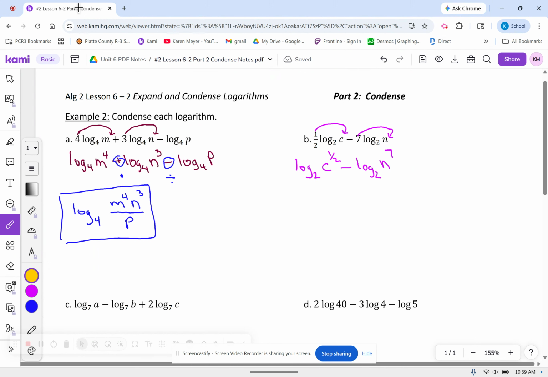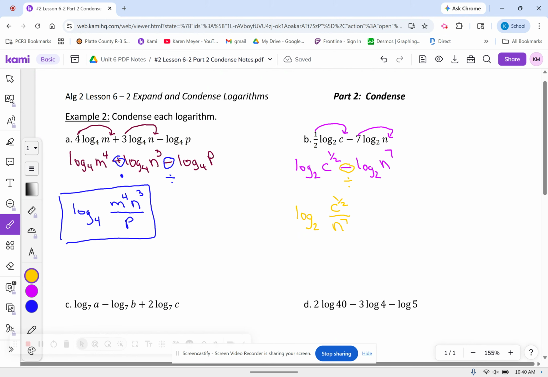Then I see subtraction, and subtraction is going to turn to division. So I'm going to write log base 2 one time, and then I'm going to have C to the 1/2 power divided by, so make a fraction, N to the 7th power.